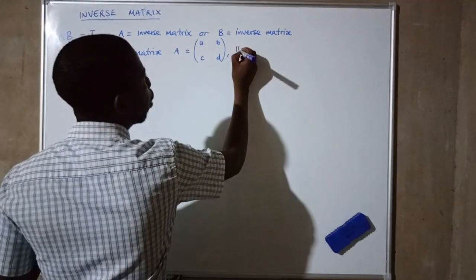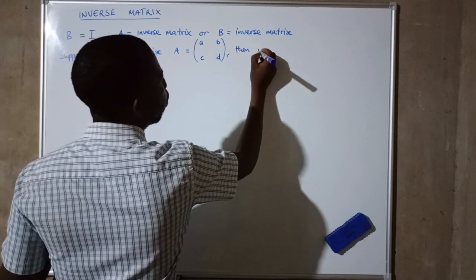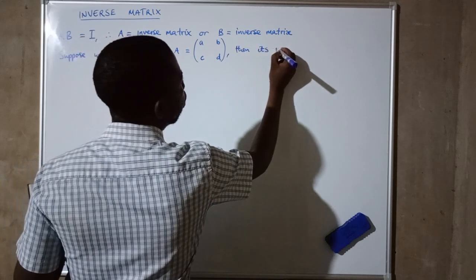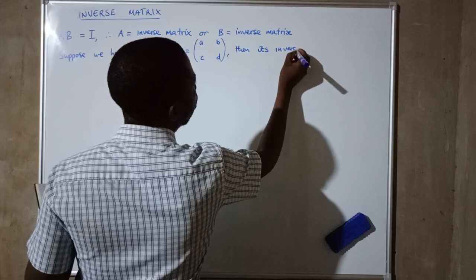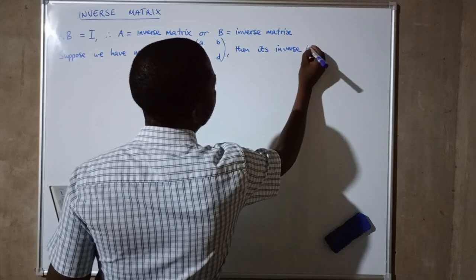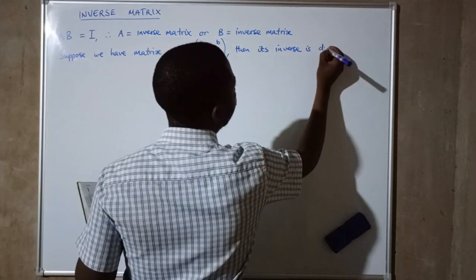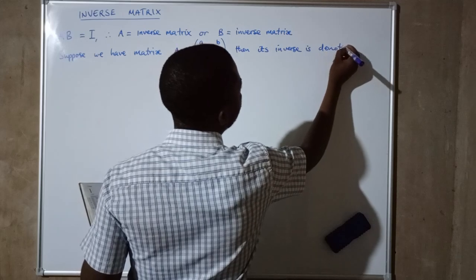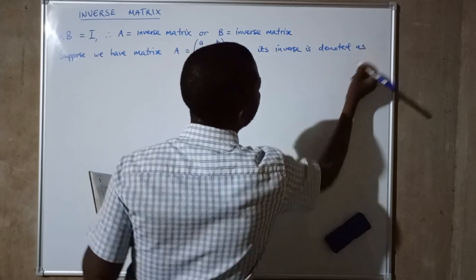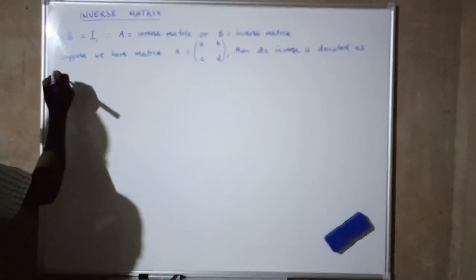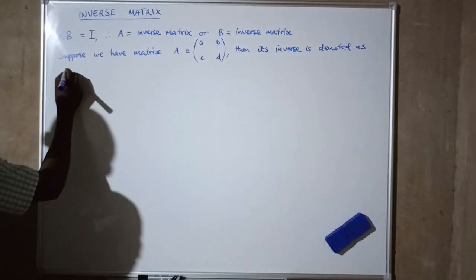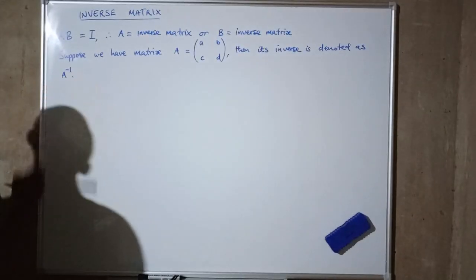Then its inverse is denoted or represented as A to power negative 1, so that this one becomes the inverse of that.